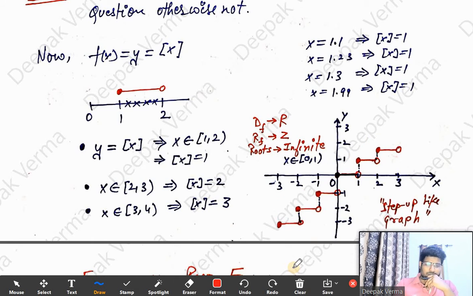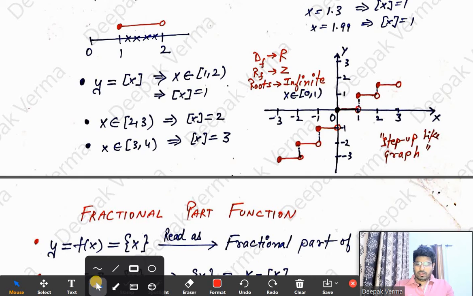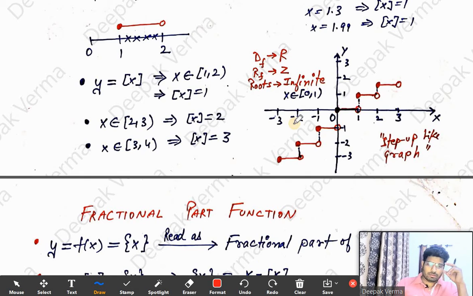Now, if I ask you what is the domain of the greatest integer function, what will be its domain? So graphically we can tell the domain. If we talk about domain graphically, what does it mean? Domain is what? The portion covered by the graph on the x-axis.